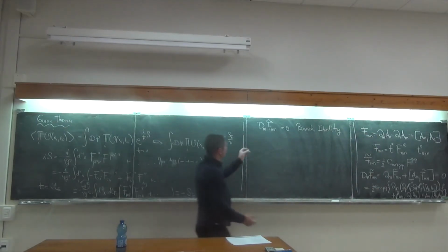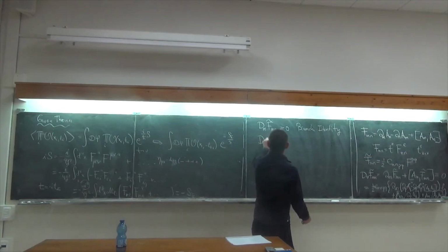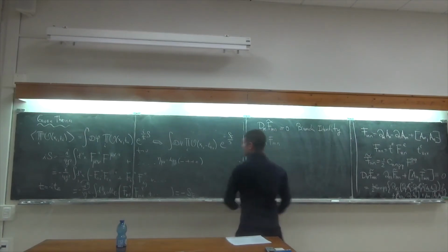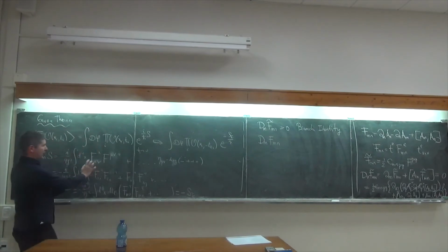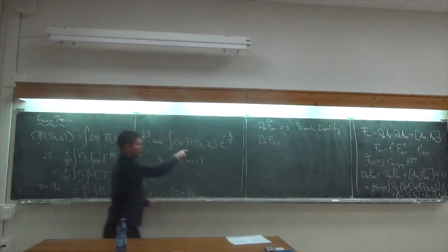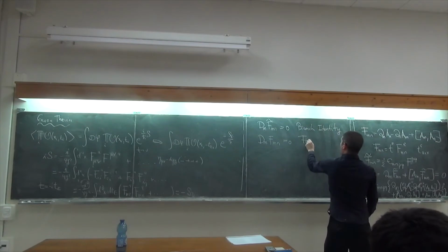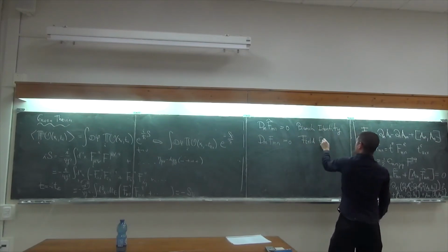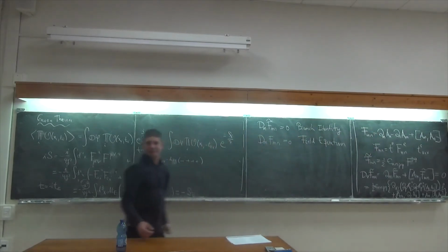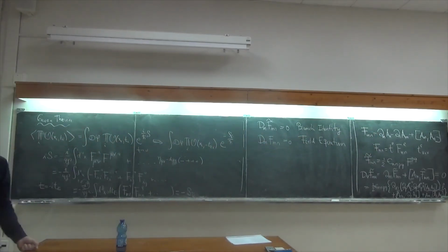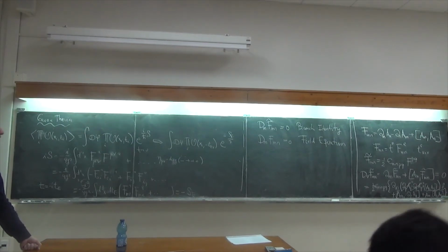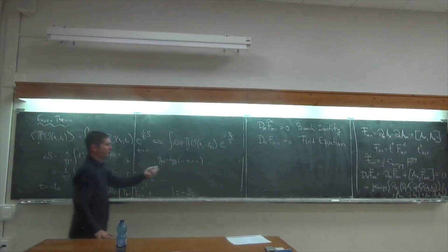On the other hand, the equation of motion is this. If I do the equation of motion here, I should take the variation with respect to A and put the derivative on top of F. Therefore, the equation of motion is simply this. Then could anyone see a solution for this equation?